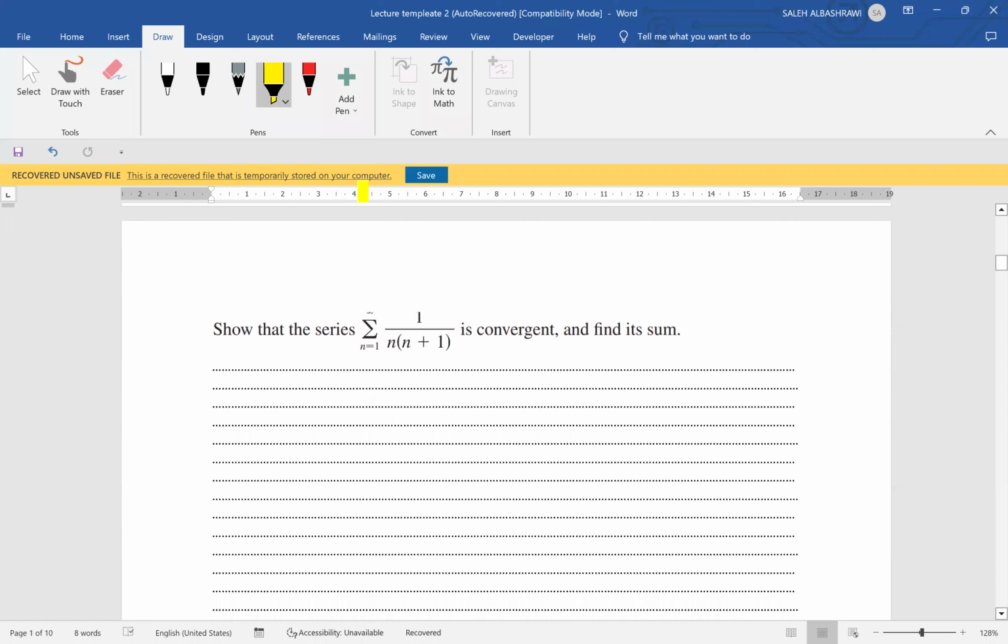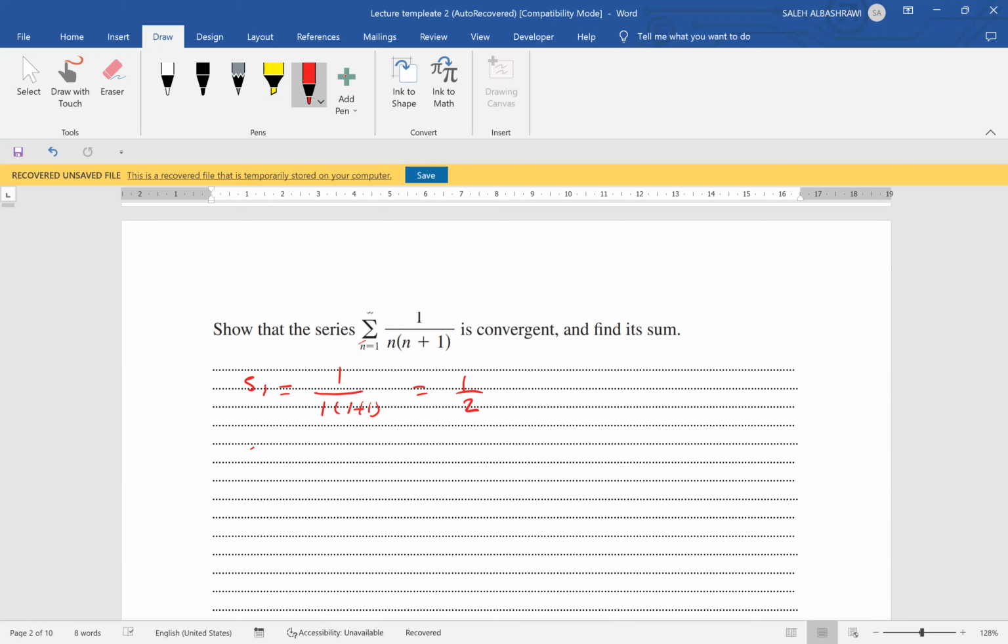To test the convergence of this series, we are going to find the partial sums. S1 means I'm going to replace n by 1. So it is 1 over 1 times 1 plus 1, which is equal to 1 over 2. This is now the first partial sum.